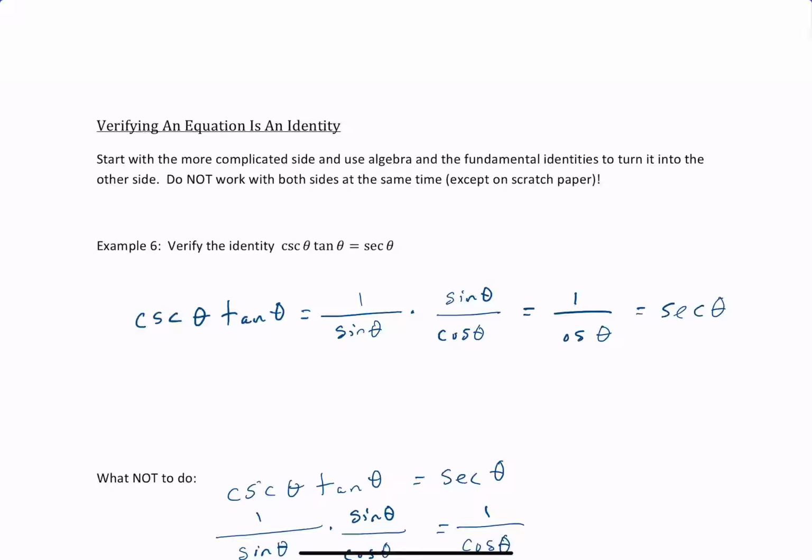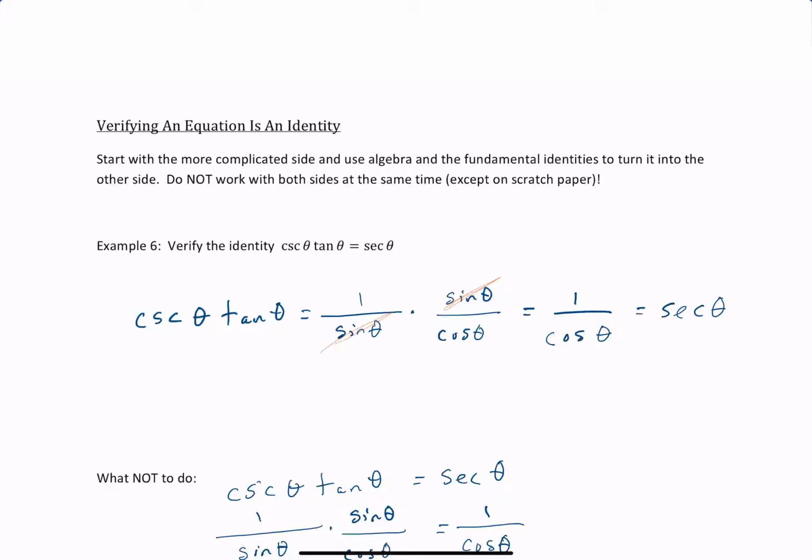Anyway, I'll then use the fundamental trig identities to write cosecant as 1 over the sine and to write tangent as sine over cosine. Then the sines cancel, so now I'm using algebra to simplify, leaving me 1 over the cosine of theta, which is equal to the secant of theta.